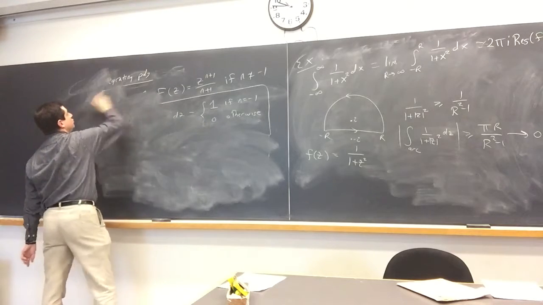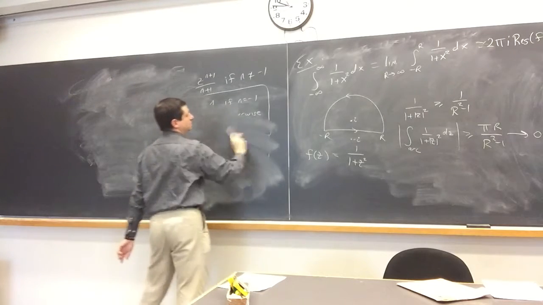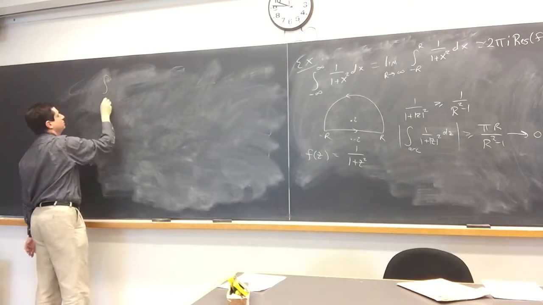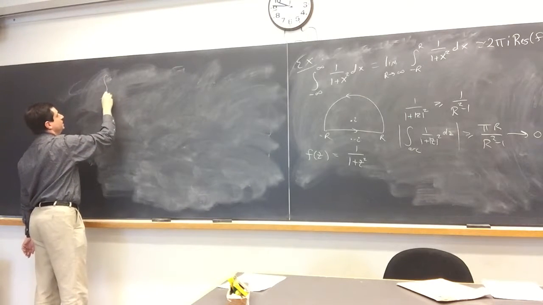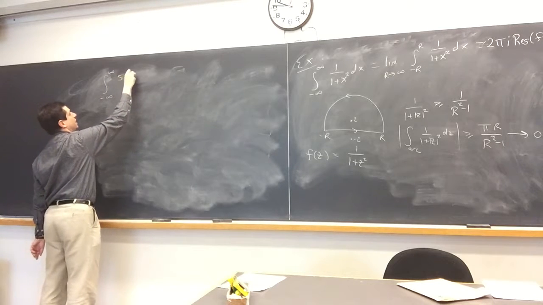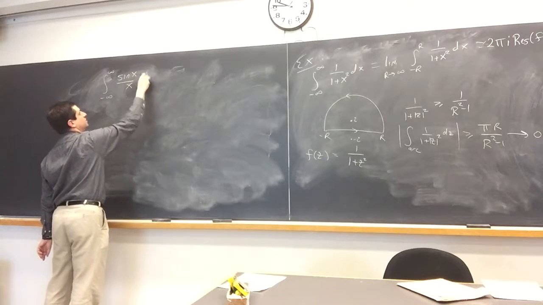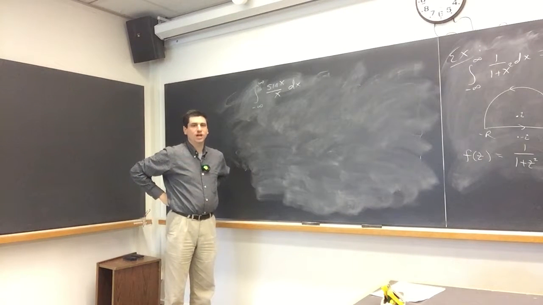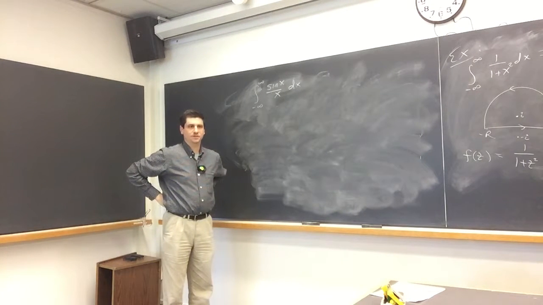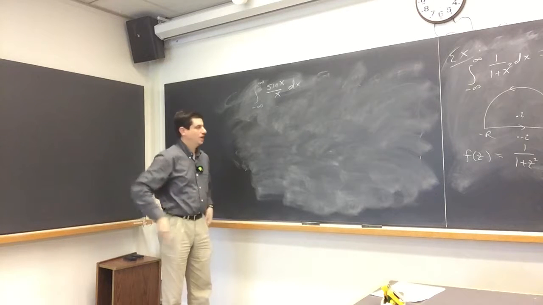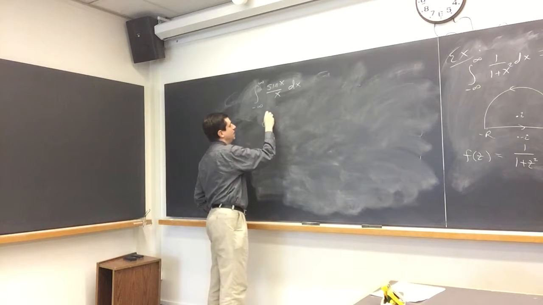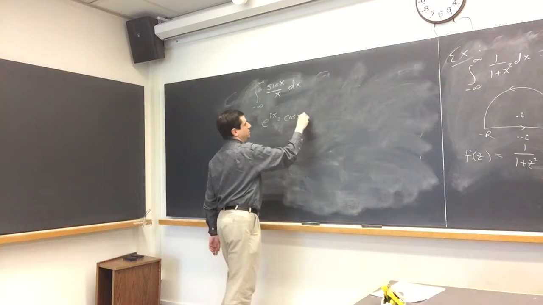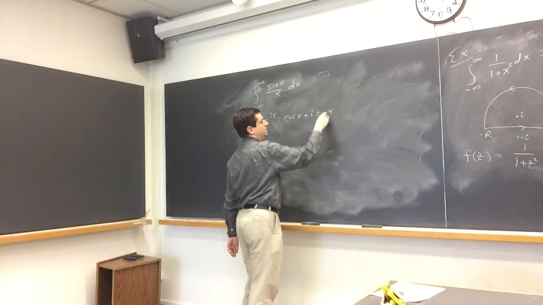All right. So let's do one more integral. Let's do the integral from minus infinity to infinity of sine of x over x dx. This becomes a little harder in terms of how you want to replace it. And then eventually we might recognize that e to the ix is cosine x plus i sine of x.